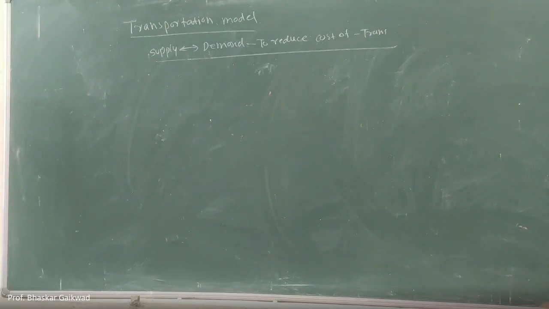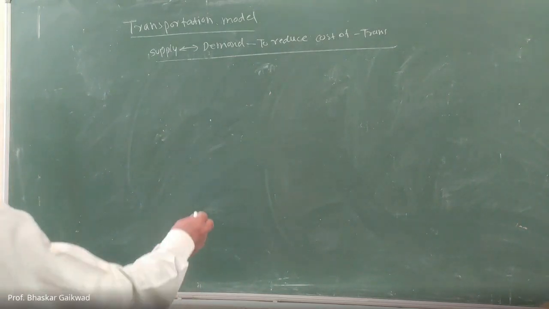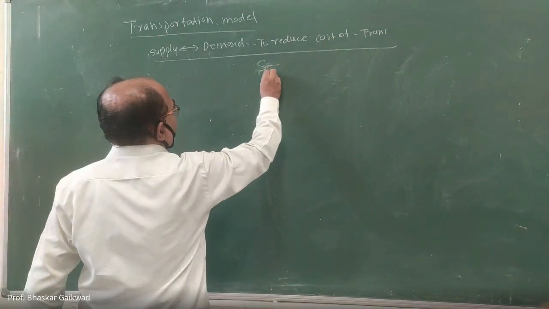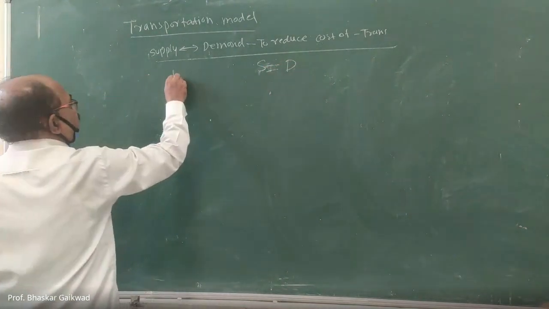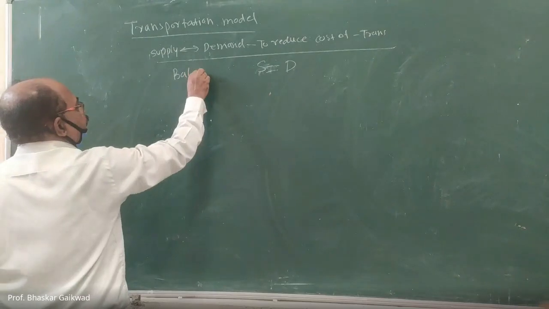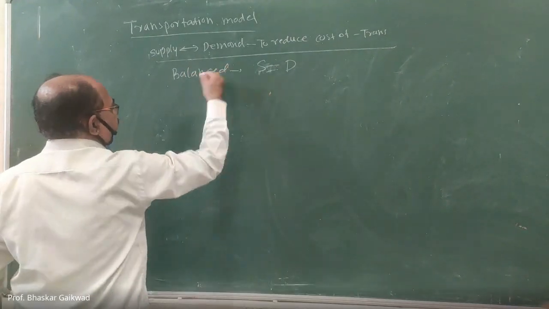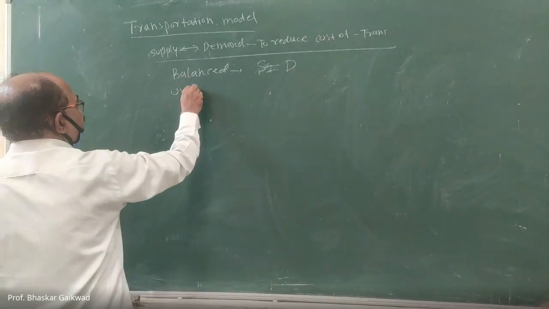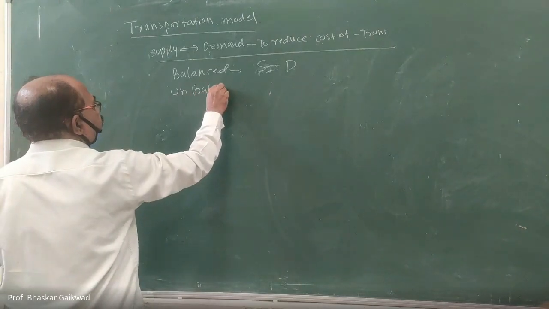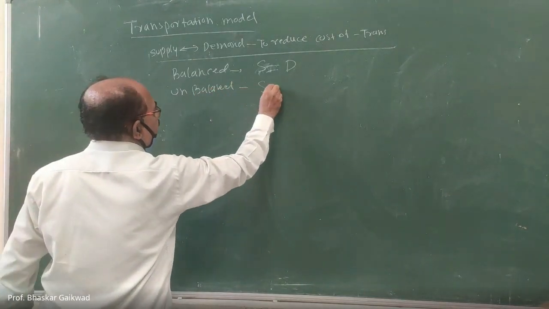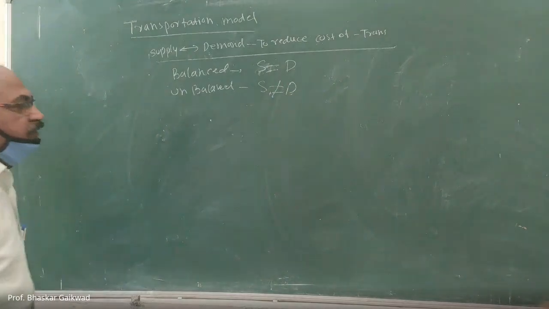If it is not equal, we can make it equal, and in such a way the transportation cost should be minimized. Supply and demand should be balanced. There are balanced problems and some imbalanced problems.